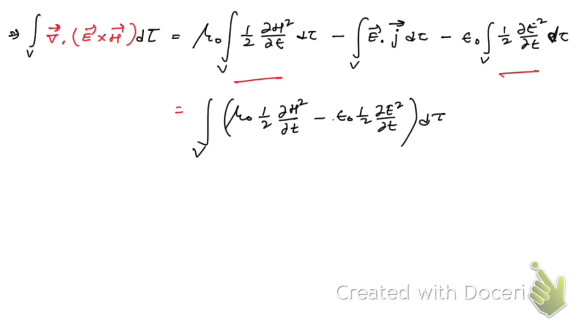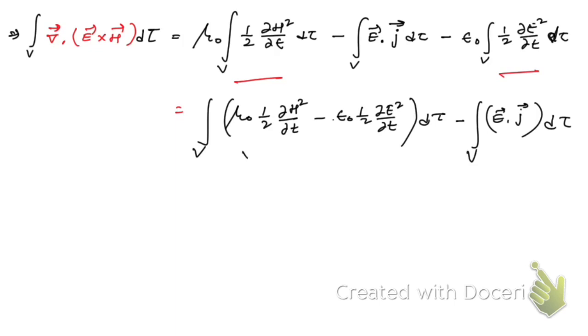That's what we can write. Okay, so hope you have understood this. Then minus volume integration E dot z d tau. That's what we have got.